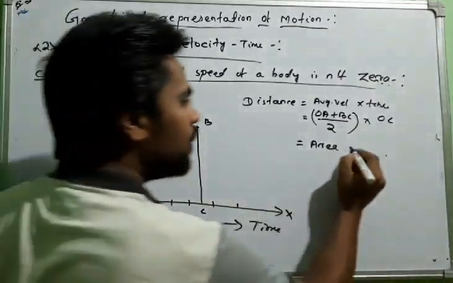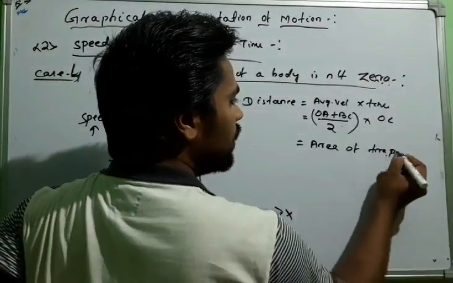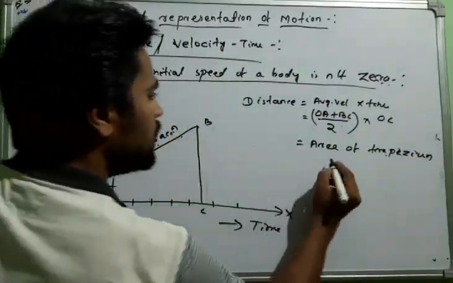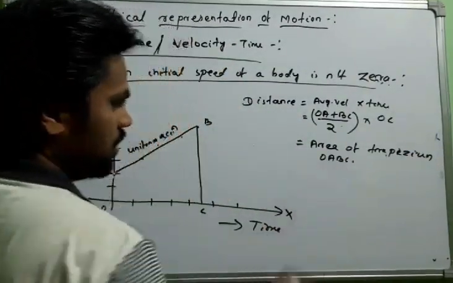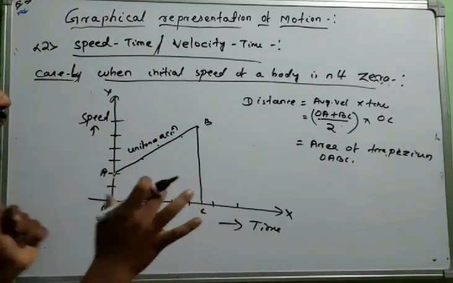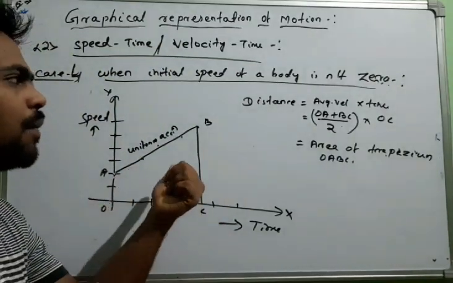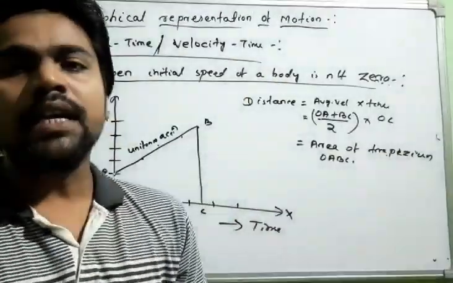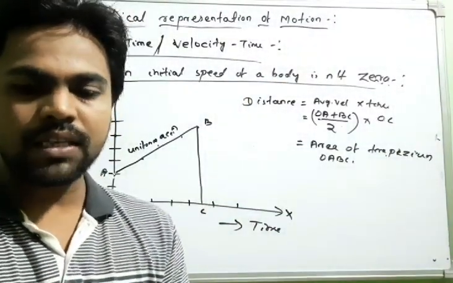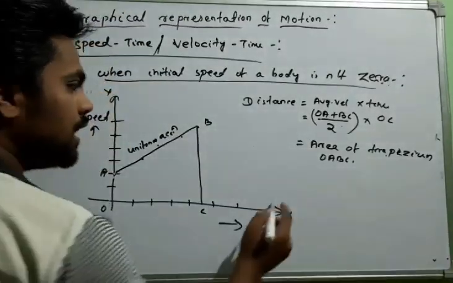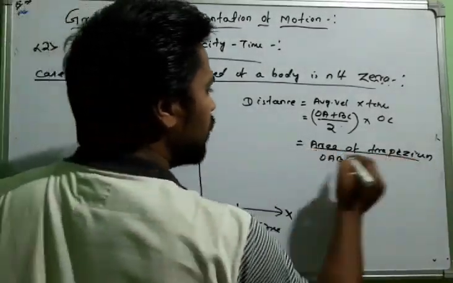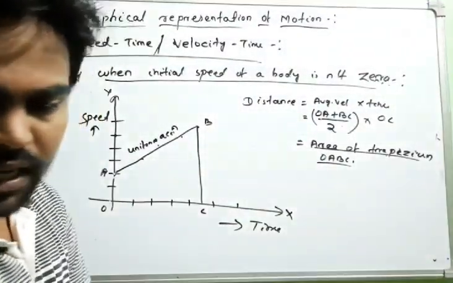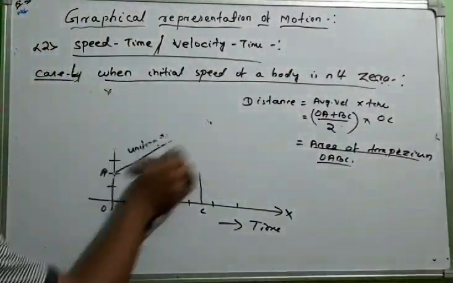That is the area of trapezium OABC. So the area of the trapezium gives the distance traveled by the body when the initial speed is not 0. Clear or not?